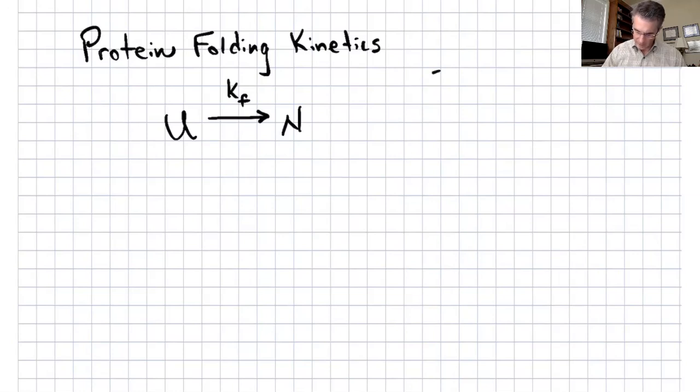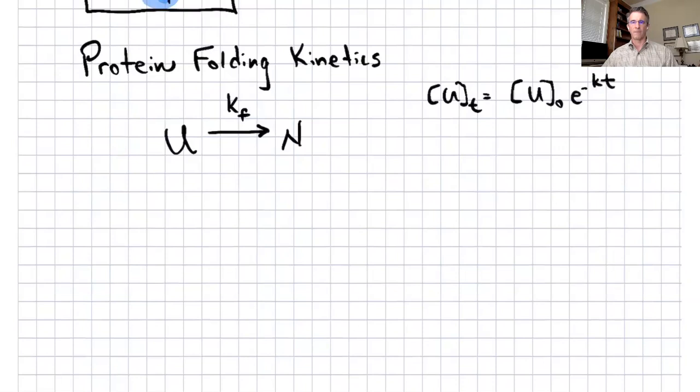We would have the concentration of the unfolded state as a function of time equal to the concentration of the unfolded state at time 0 times e to the minus kt, if we had a process that was unimolecular, right? Okay, but again, the whole point of what we're going to do now is thinking about what do you do if that's not true?